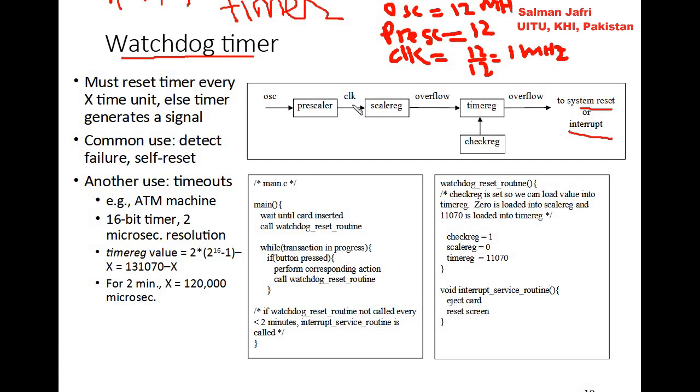Right? And so what would be the time period for this clock? Time period for the clock signal is 1 over 1 megahertz.